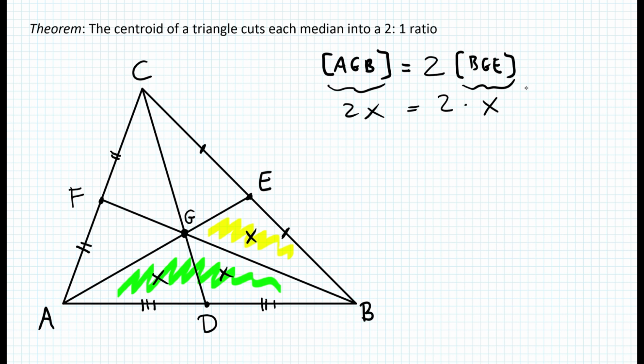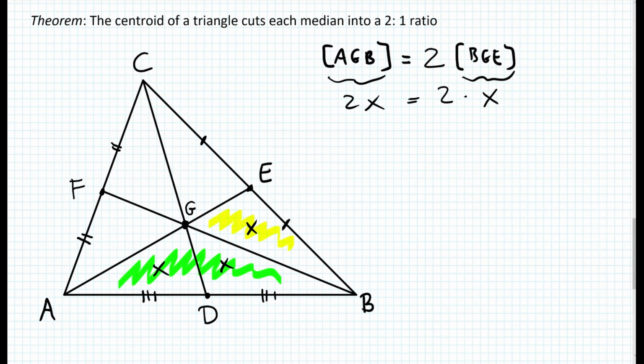So how does this help? Well, what we can do here is, again, look at the altitude and the bases, okay? So for example, the area of triangle AGB is equal to 1/2 times the base. Now we have to think about which base we are taking here, and let's take base AG times the altitude H, okay?